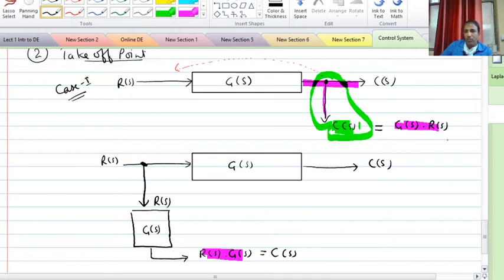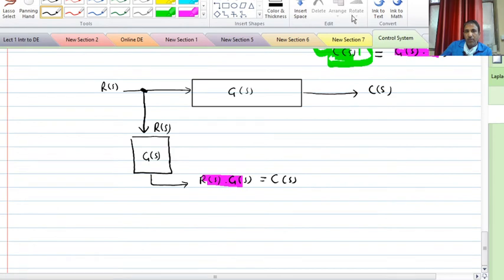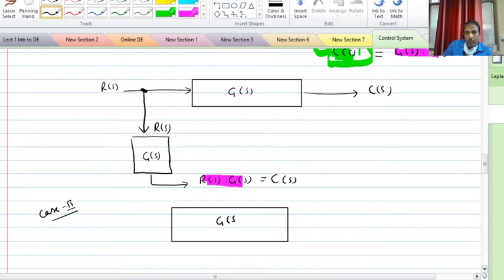And in case 2, suppose we want to shift this takeoff point from this position to this position, that is from before a block to the after a block.